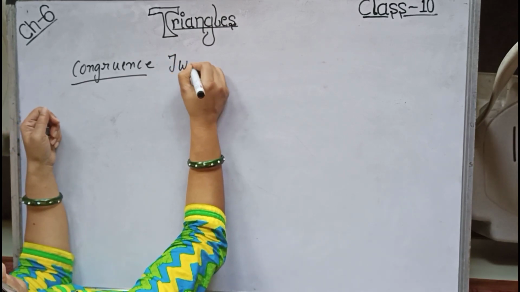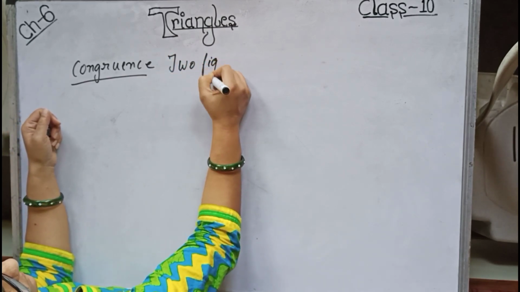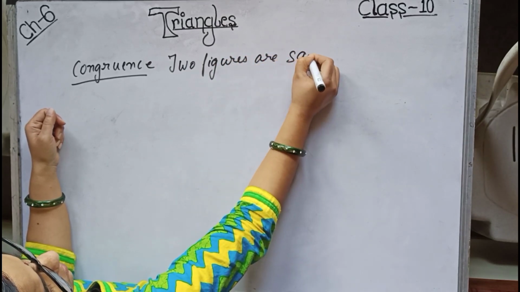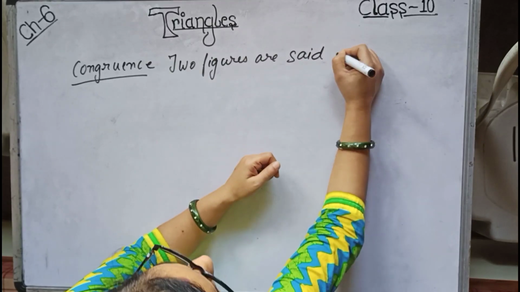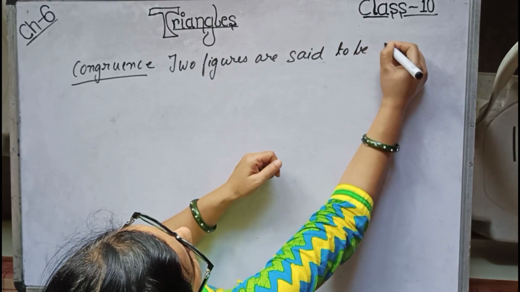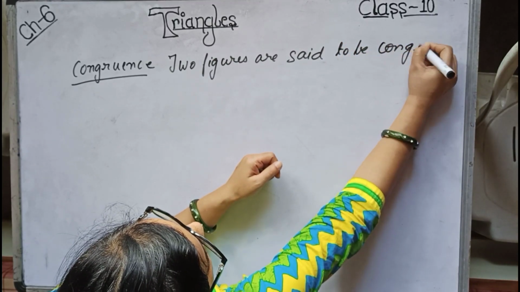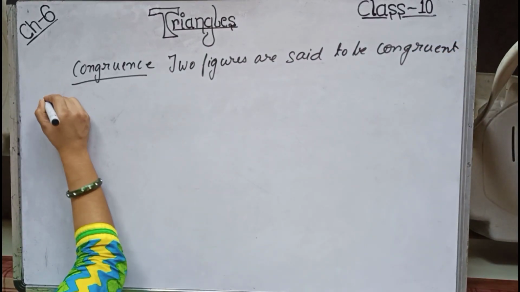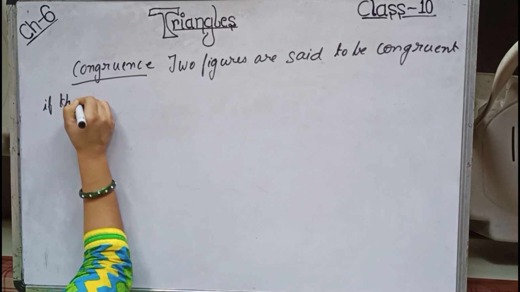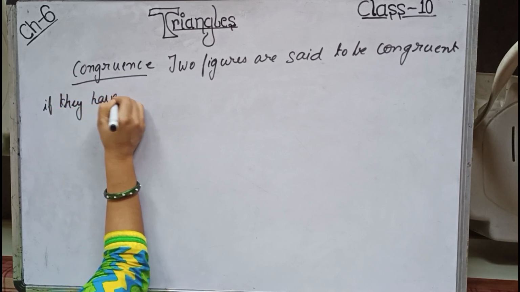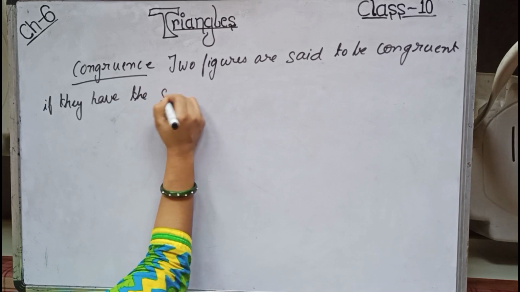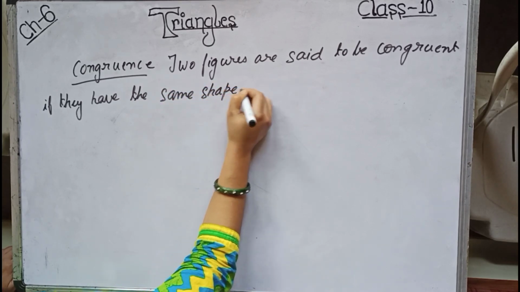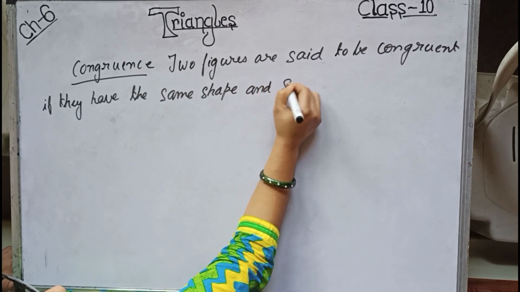Two figures are said to be congruent if they have the same shape and size.